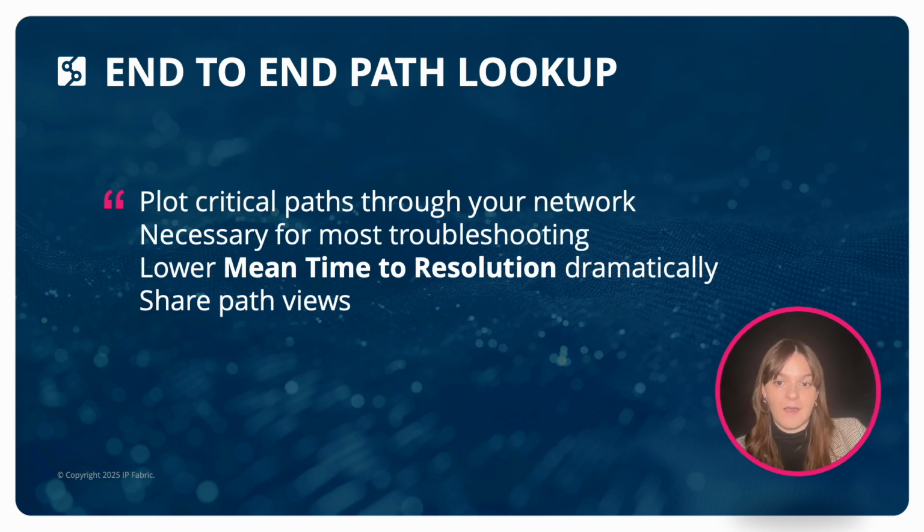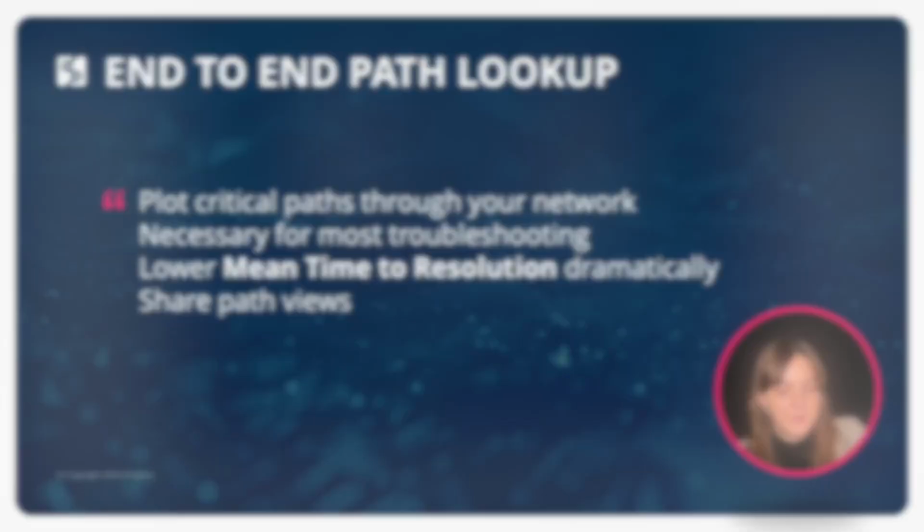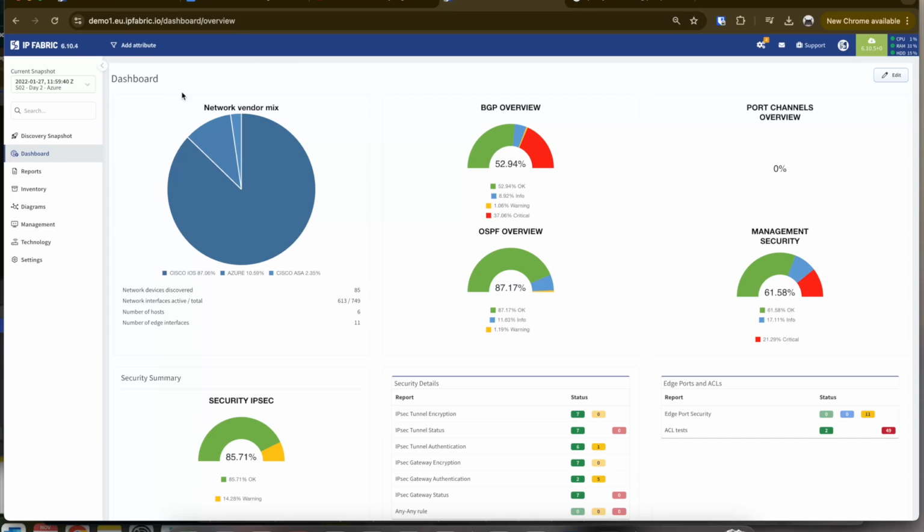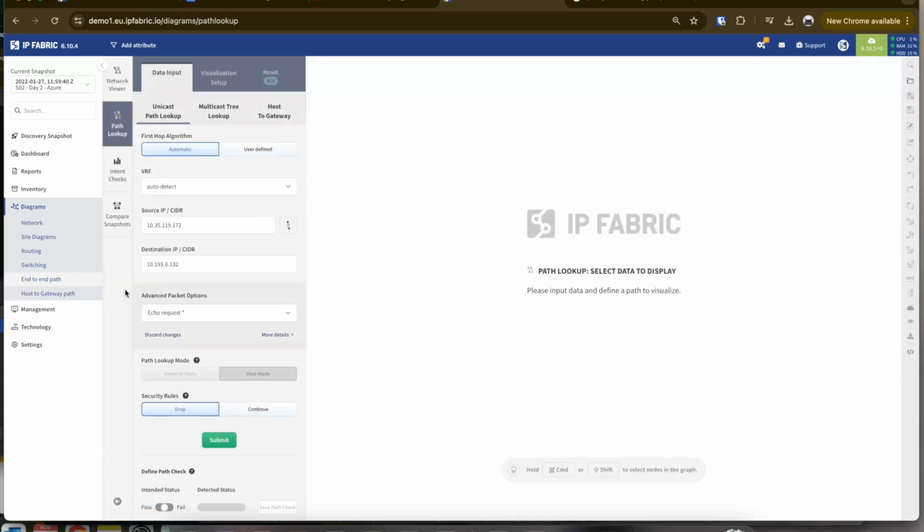So let's take a look at what this might look like in IP Fabric. The beauty of end-to-end path diagrams in IP Fabric is that they're really easy to create and you're probably going to use them a lot. According to my colleague Milan, who has over a decade of experience in network operations, he's one of our brilliant solution architects, almost 90% of the troubleshooting activities that you're going to do in networking will require some form of end-to-end path analysis, whether that be manual or hopefully automatic like this.